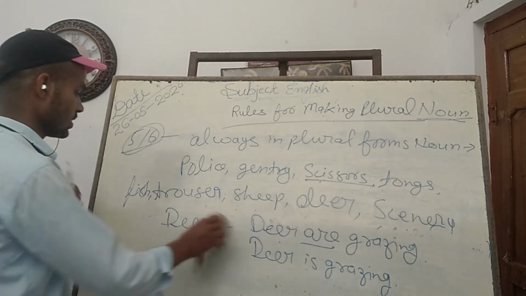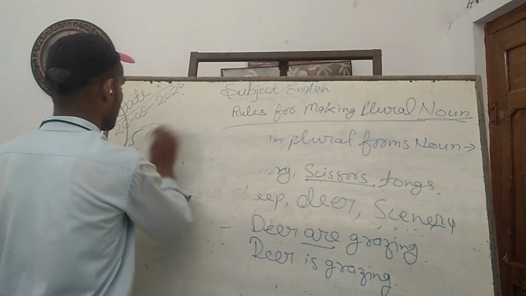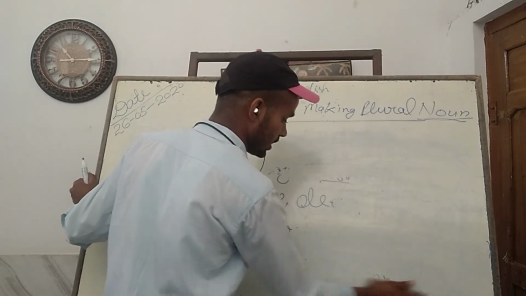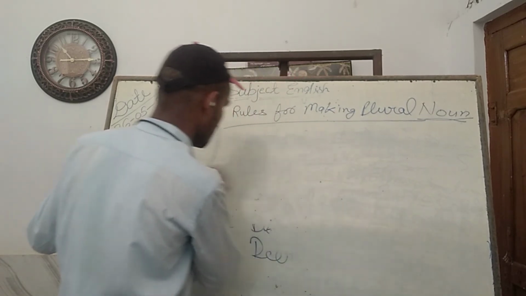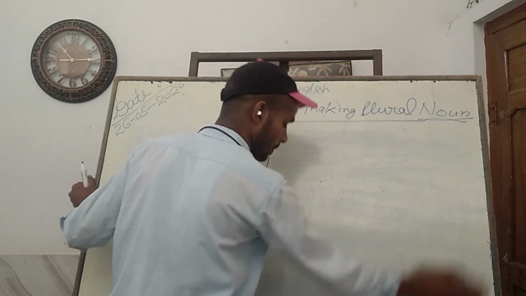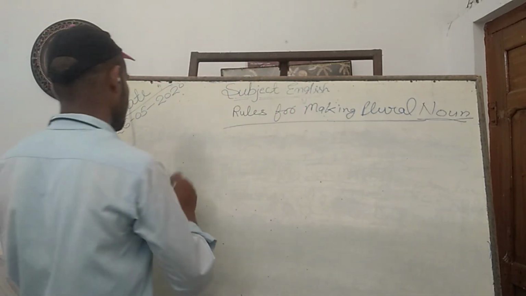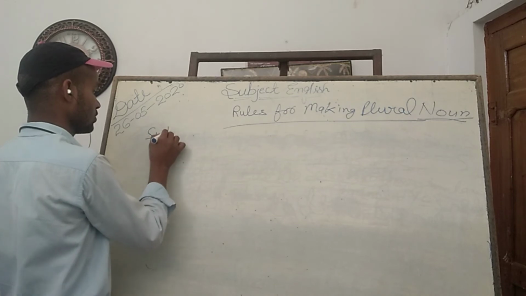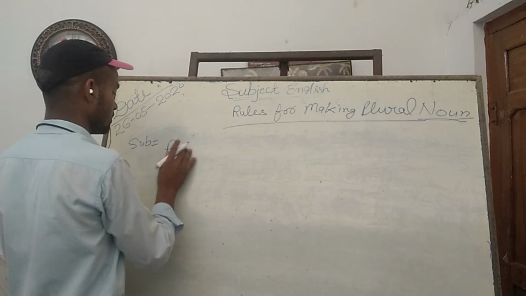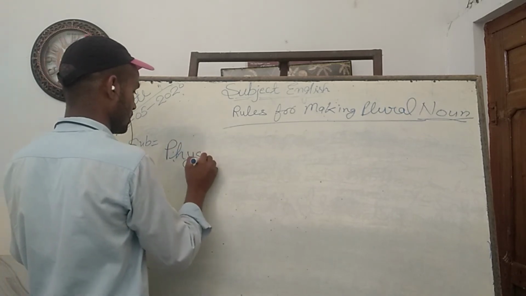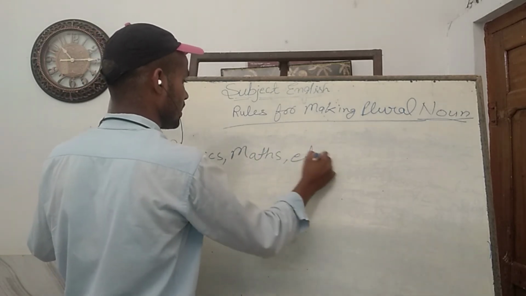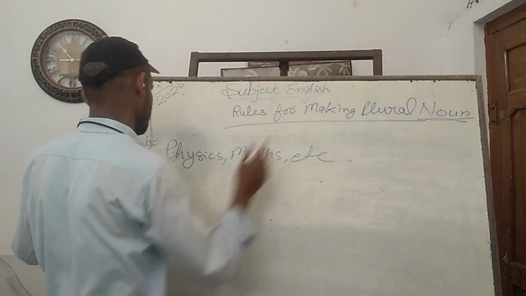In this way, I think the sense of plural and singular gets clear to all of you. And some nouns always seem like plural, but they become singular in sense, like physics, subject names, whatever you can say: physics, maths, economics, etc. There are a lot of them.